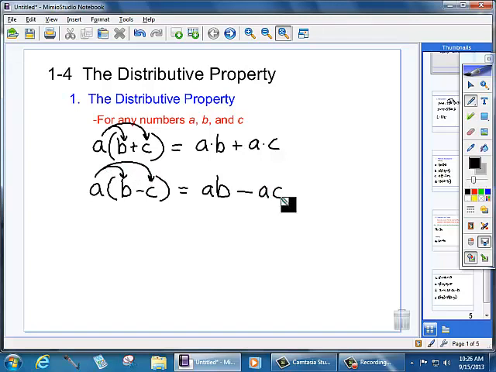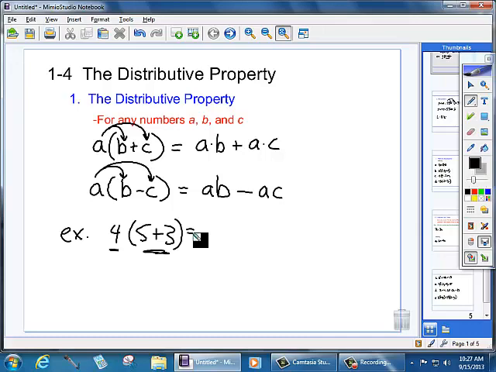Now let's see if that works with some real numbers. Example: 4 times the sum of 5 and 3. By order of operations it'd be a lot quicker just to add the 5 and the 3 here and get 8. And then we would have 8 times this 4 and get 32. That would be the fastest way and probably the smartest way to do it, but right now we're checking the distributive property.